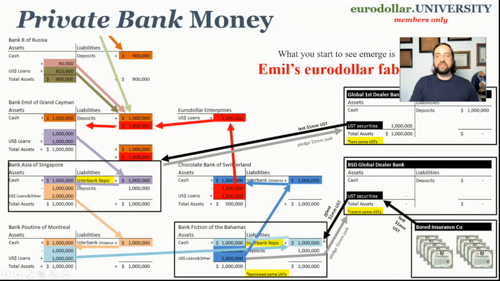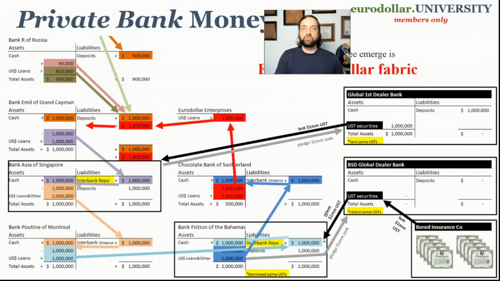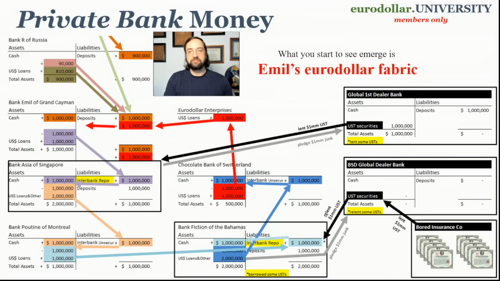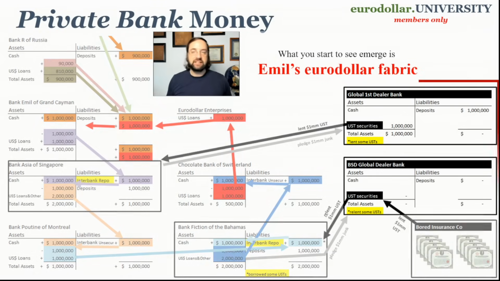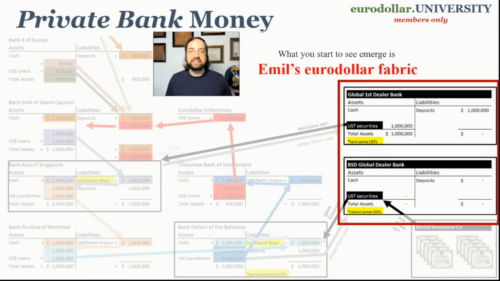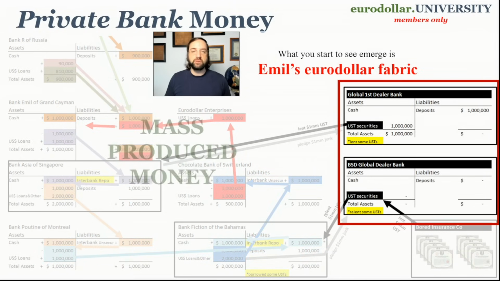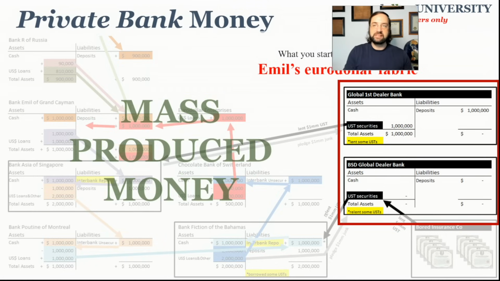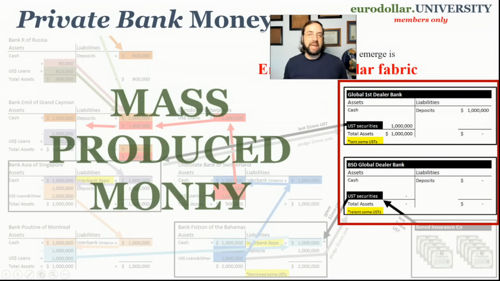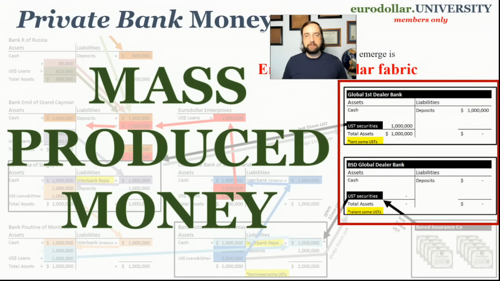Because when you sit and look at the Eurodollar fabric, what we're really working toward here is that we've got all of these players involved. Remember, we've got ABS, we've got MBS, we've got bankers' acceptances that start to go away, but we also have money market funds, and sitting at the center of all of those are these dealers who are looking to essentially mass produce money.